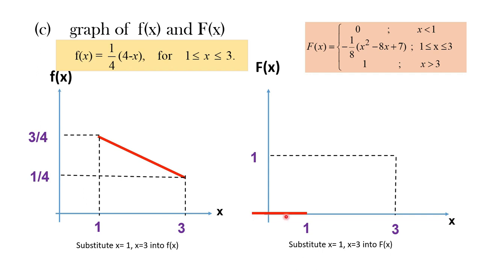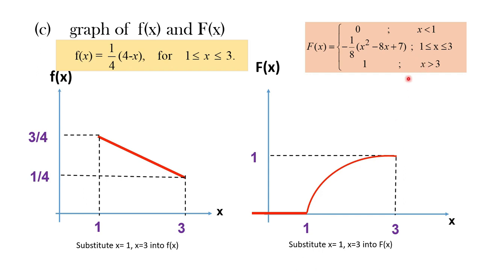Then substitute 3 into the function. When you substitute 3 into the function, you will get the answer 1 here. Take note that this is a quadratic function where a is negative here, so the curve is going to look like this.